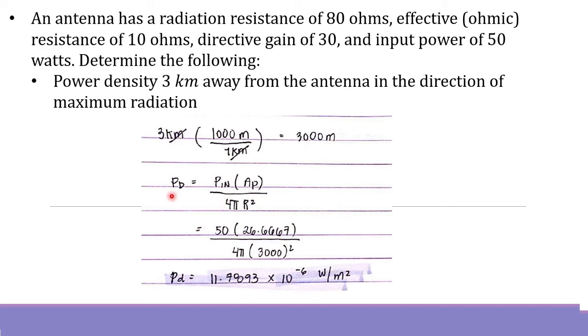So for the power density, we'll be using this formula, input power multiplied by power gain over 4 pi r squared. So the r is equal to the 3,000 meters. So just substitute it, 50 times 26.6667 over 4 pi 3,000 squared. So we'll be having power density as 11.7893 times 10 raised to negative 6 watts per meter squared.